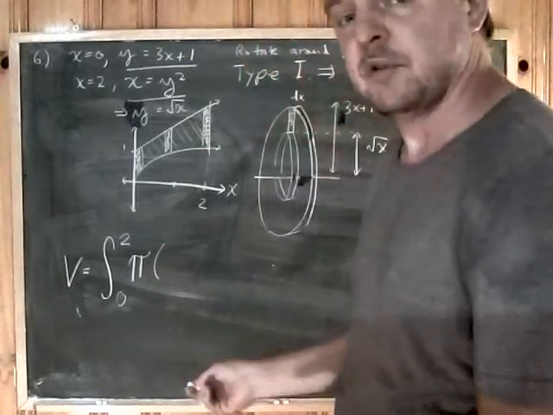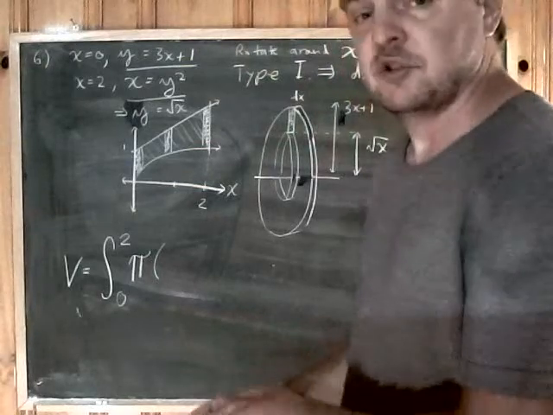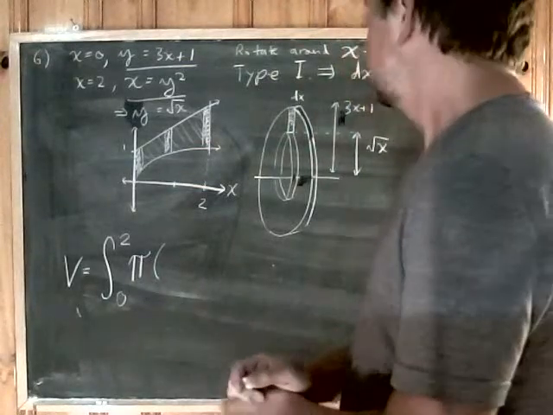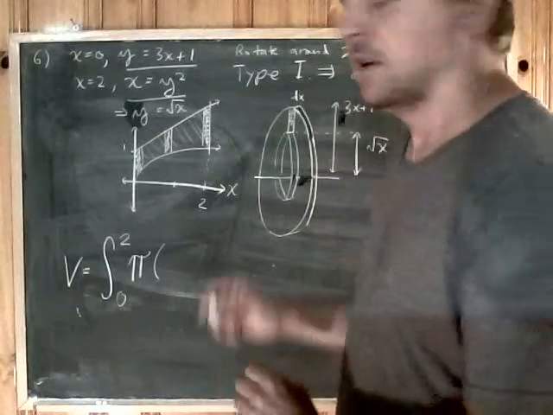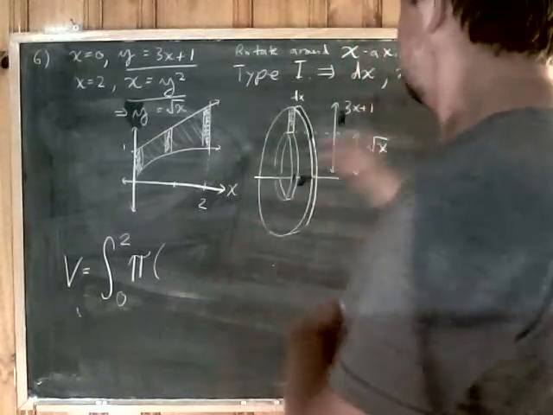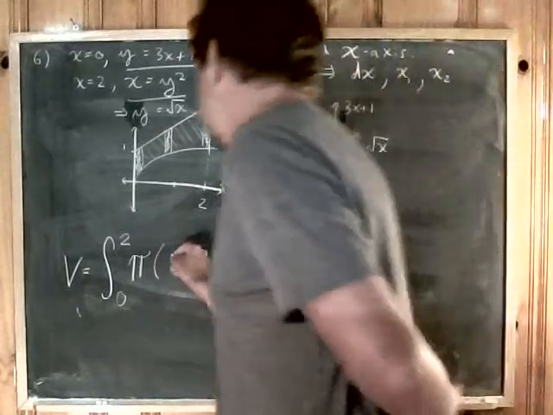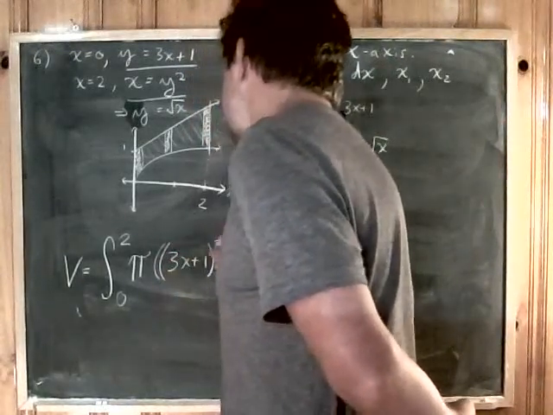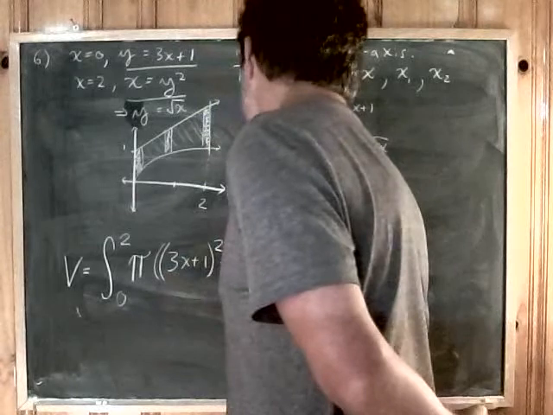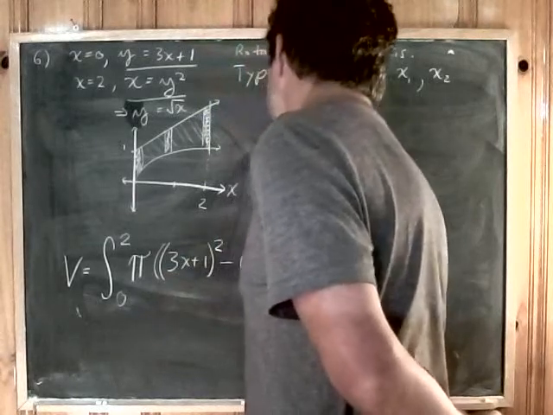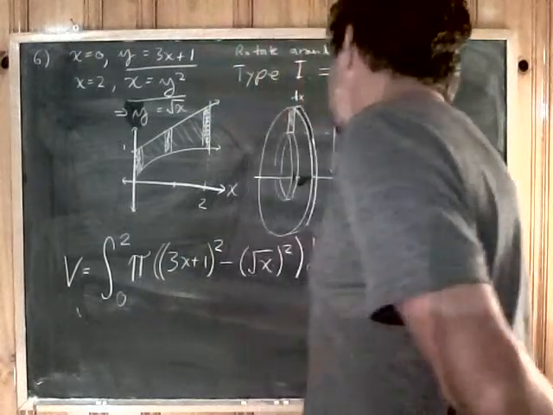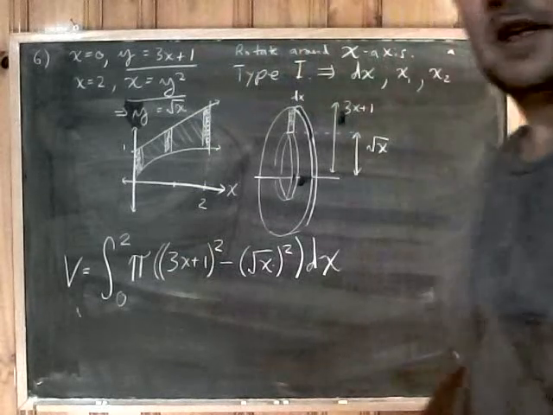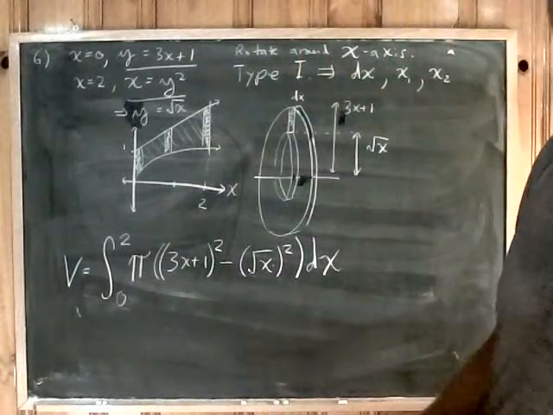But both of them have to be squared, and that means you square them separately. It's pi times the big radius squared minus pi times the small radius squared. So that'll be 3x plus 1 quantity squared minus square root of x quantity squared dx. That's the setup for the volume.